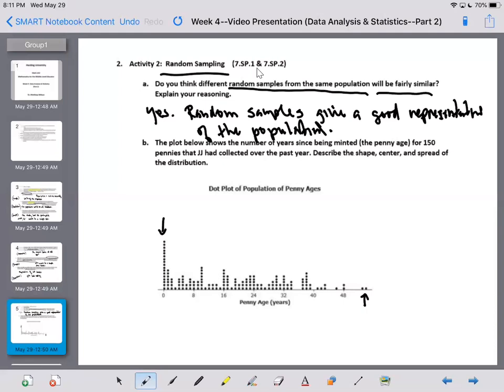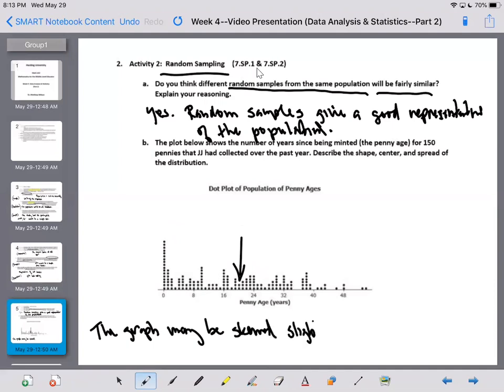And so you're thinking about your balance point would be somewhere, let's see, balance point probably somewhere around here. So it does show that the graph may be skewed slightly to the right.